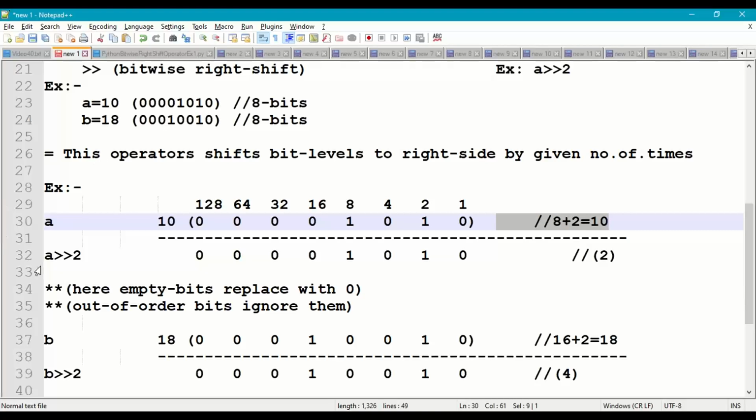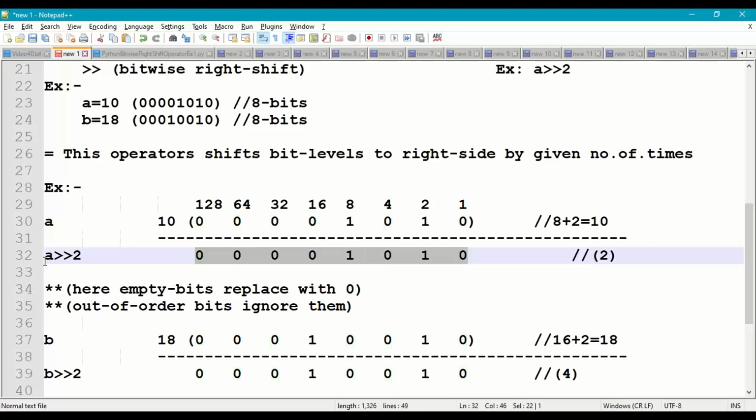So let us shift towards the right side. A right shift of 2. All these bit levels I'm going to shift towards the right side 2 times. 1 time, 2 times. What is happening here? 2 bits are left empty on the left side. Replace them with zeros.